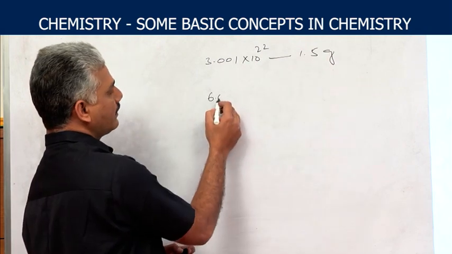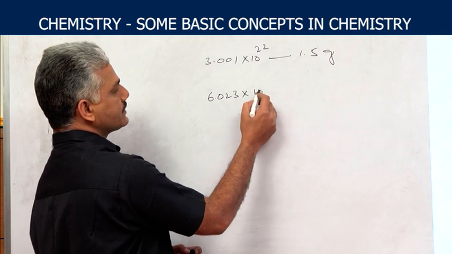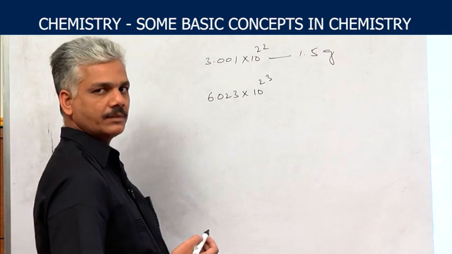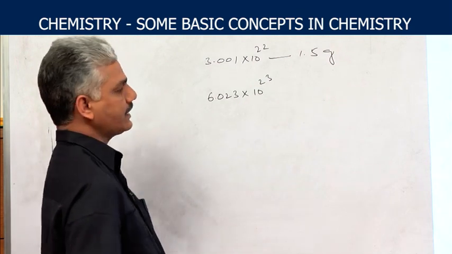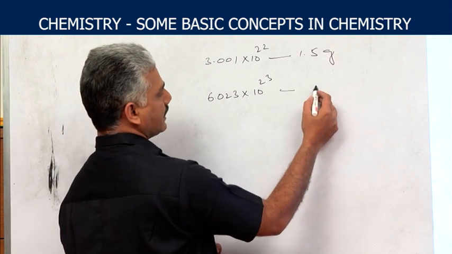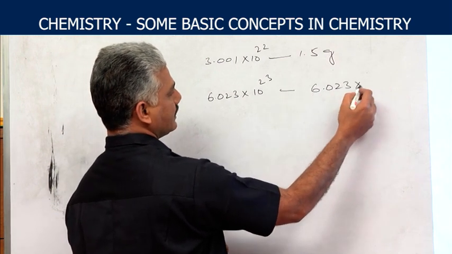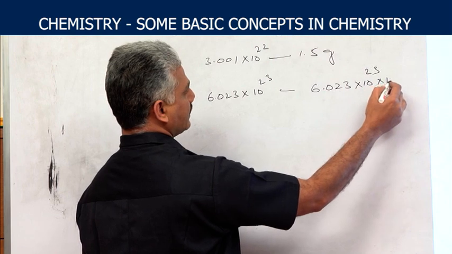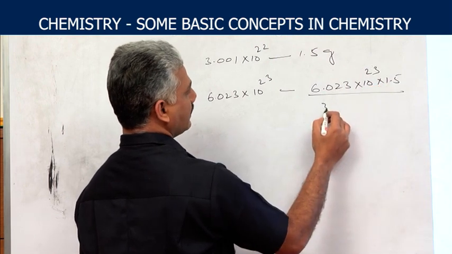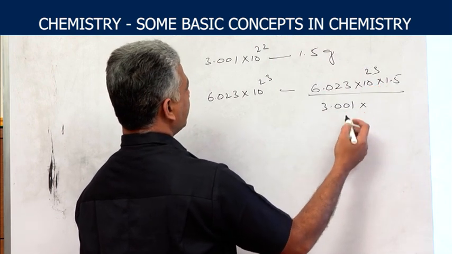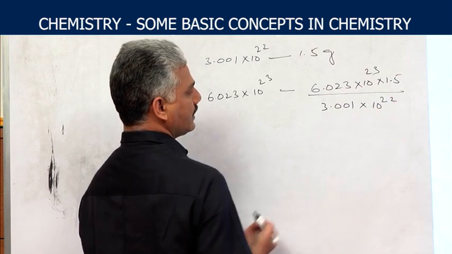So, find out what is the weight of 6.023 into 10 power 23 atoms. So, that comes out like this: 6.023 into 10 power 23 into 1.5 by 3.001 into 10 power 22.